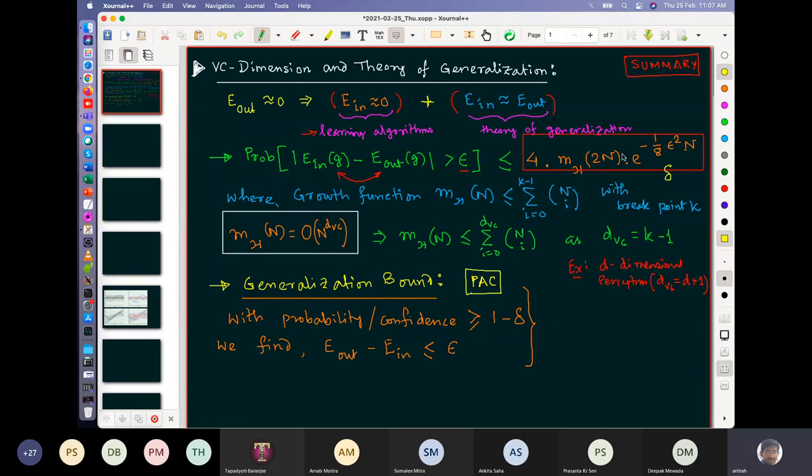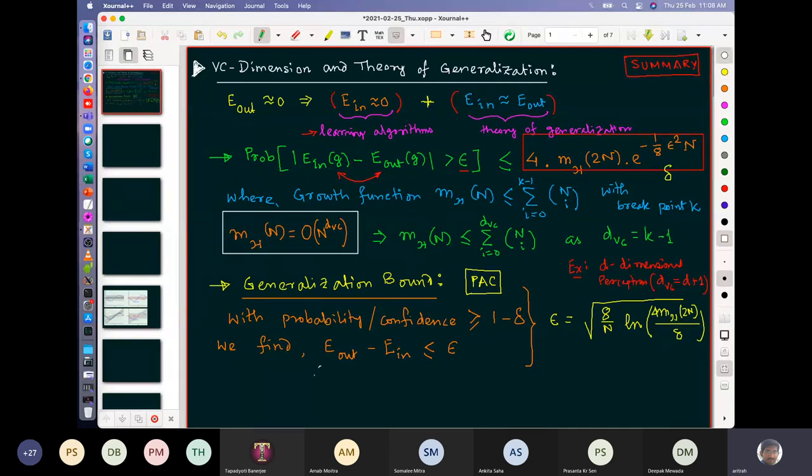And when we do that, from the equation of this delta with respect to m_H and all, we find out that our epsilon is nothing but the square root of 8 by n times ln of 4 m_H(2n) by delta, right? So this is the generalization bound.